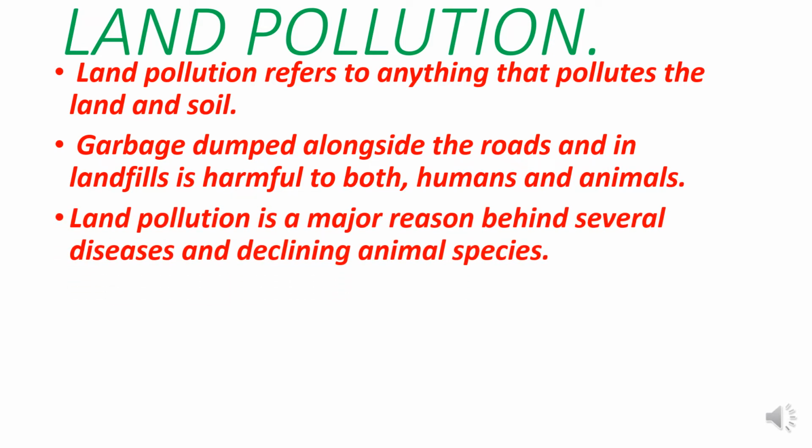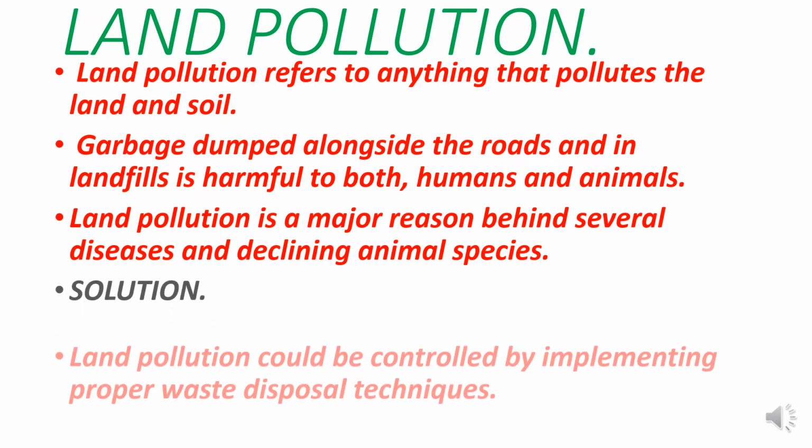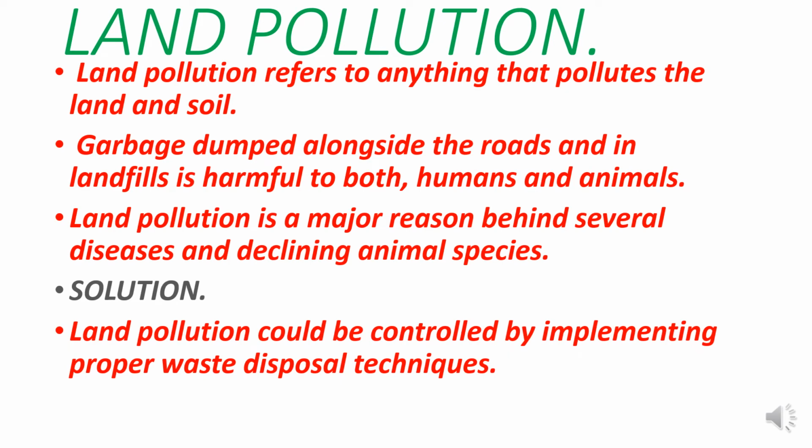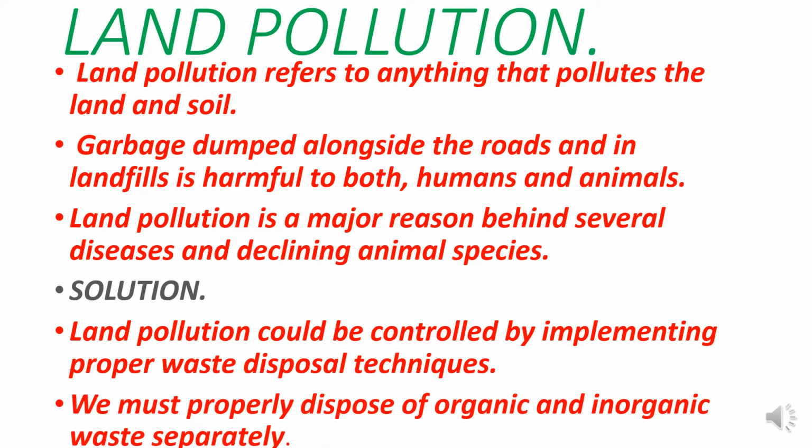Land pollution is a major reason behind several diseases and declining animal species. So the solutions are: land pollution could be controlled by implementing proper waste disposal techniques. We must properly dispose of organic and inorganic waste separately.